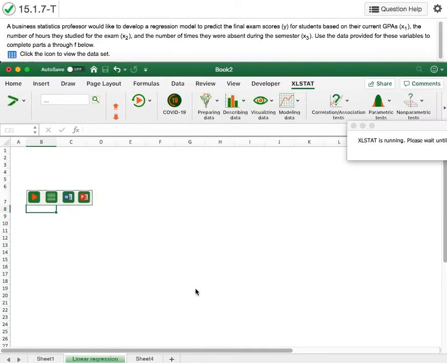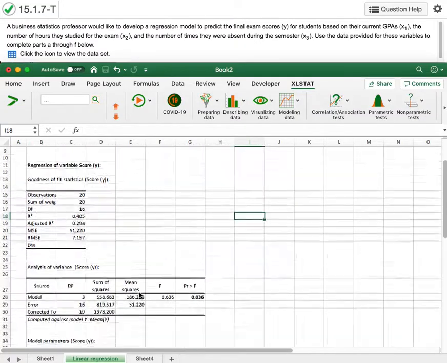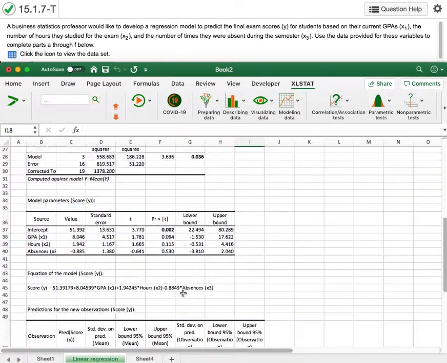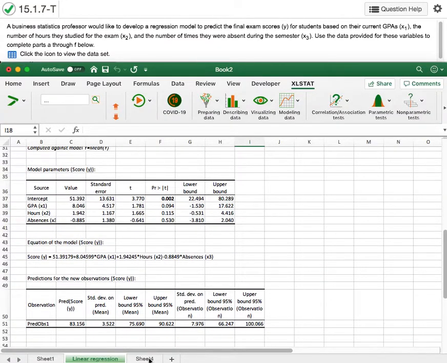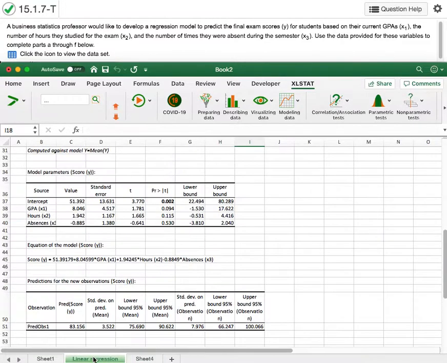And as soon as we're down here loading, scroll down, again we have our specific coefficients that we got from the data analysis toolpack. We have those here with XLStat.